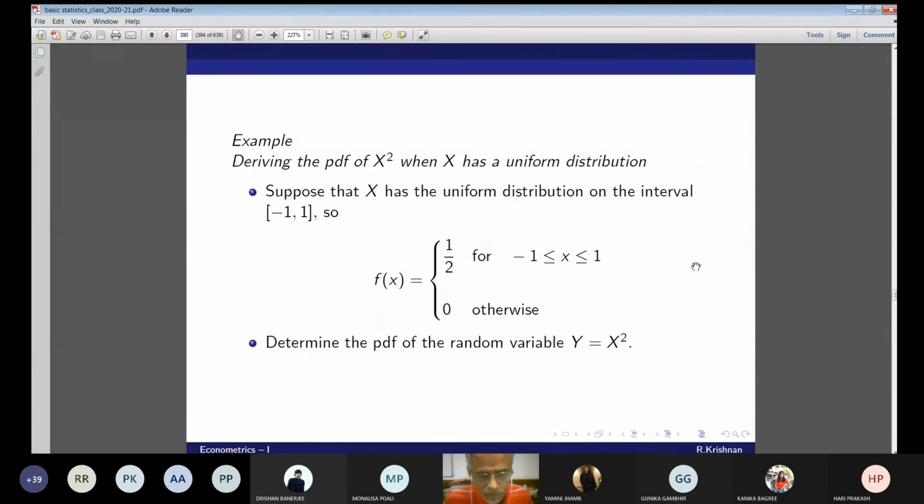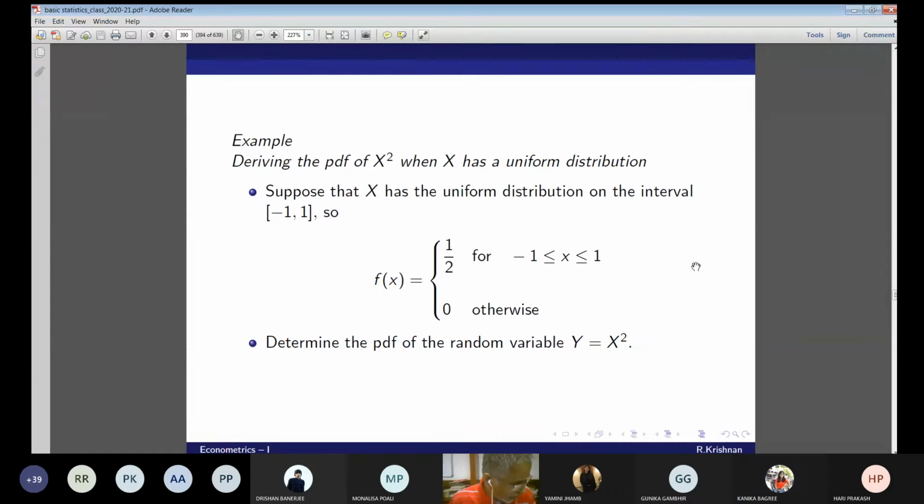This you should not have any problem. What is the interval of y here? 0 to 1.